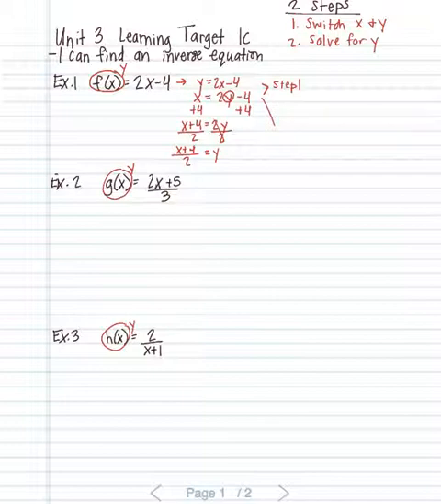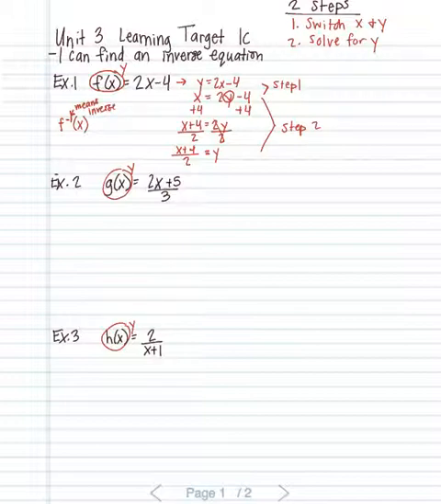So this is step 2. We got y by itself. We write inverse by putting f and then negative 1 of x. This little extra piece means inverse.